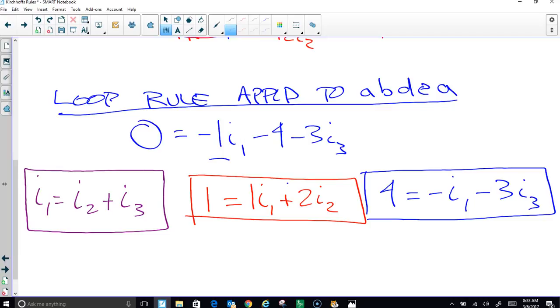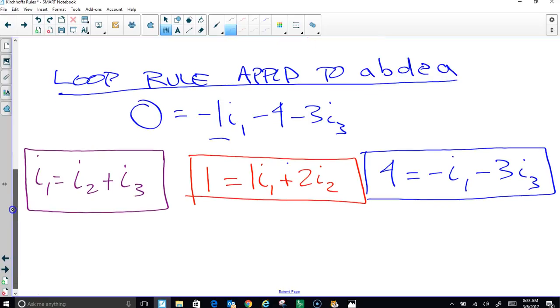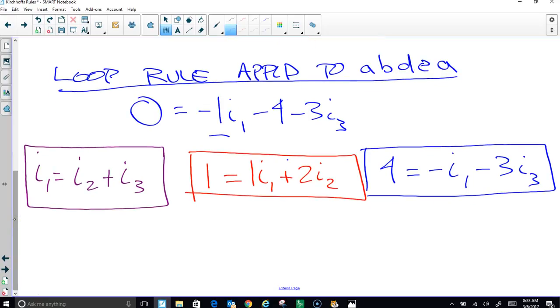So from here on out, we're really looking at an exercise in algebra. You have 3 unknowns, 3 equations. There's multiple ways to attack this. I'm going to do it this way. Each of these equations has an I1 already.